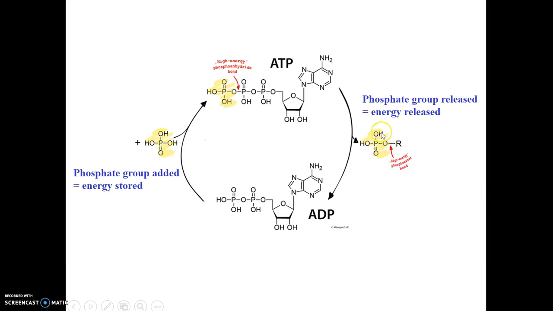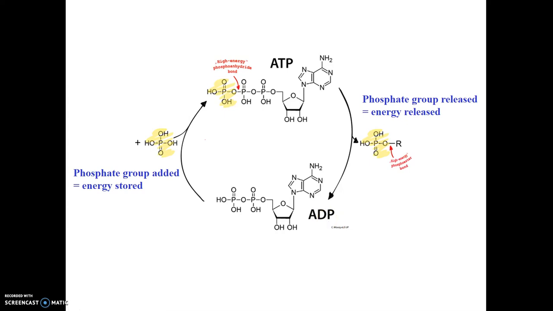Once that happens, we have phosphates floating around, extra phosphates, and we have another molecule called ADP. Because it's lost its phosphate, it's now referred to as adenosine diphosphate. That prefix di means 2. So in this case, there's only 2 phosphates attached to this.